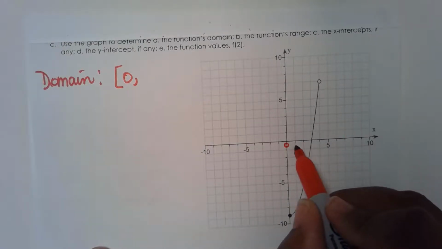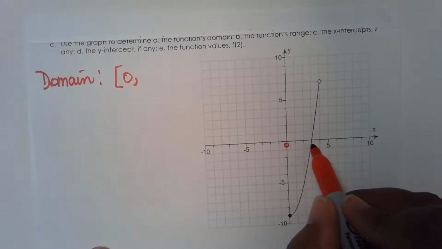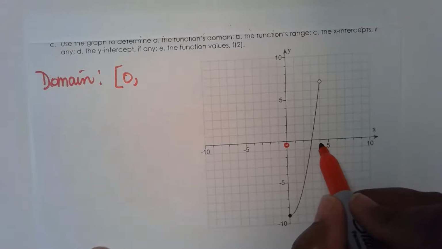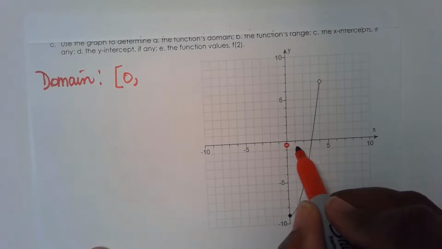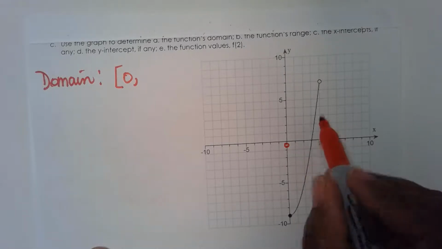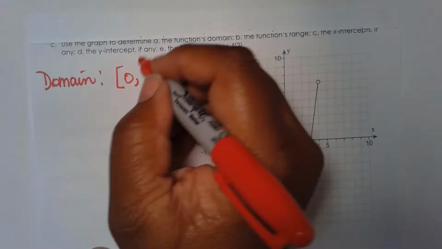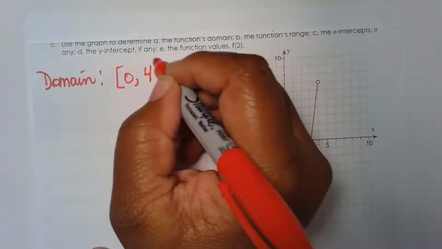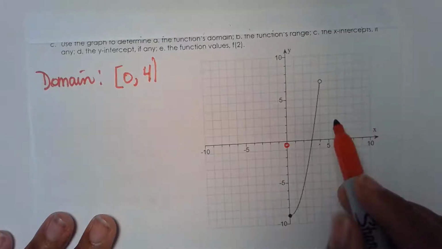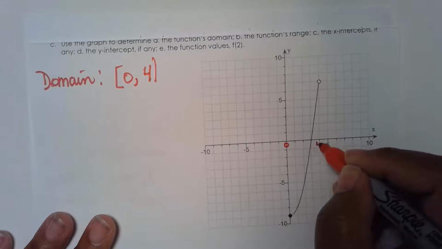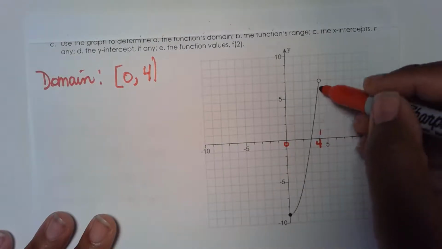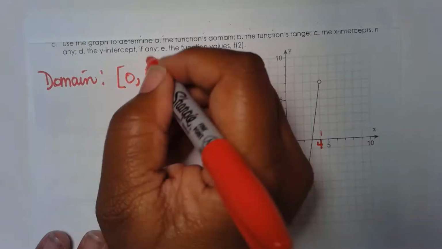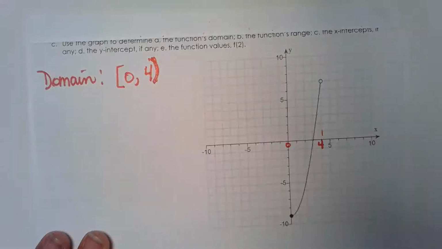Then we have 1, 2, 3, 4. Along the x-axis, it ends at 4. And this is going to be a parenthesis.